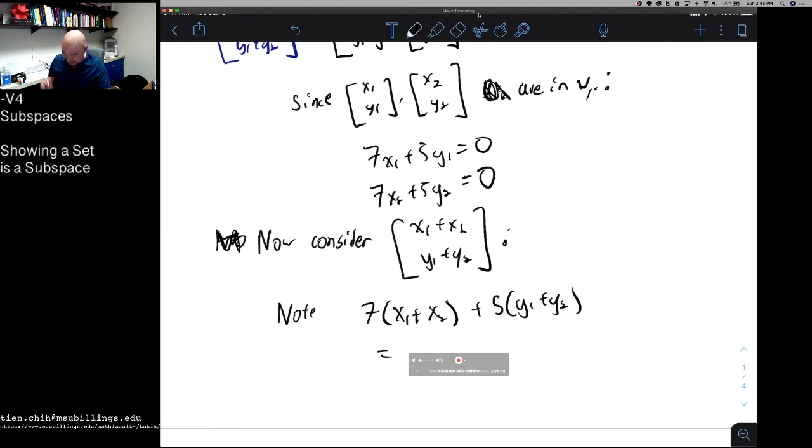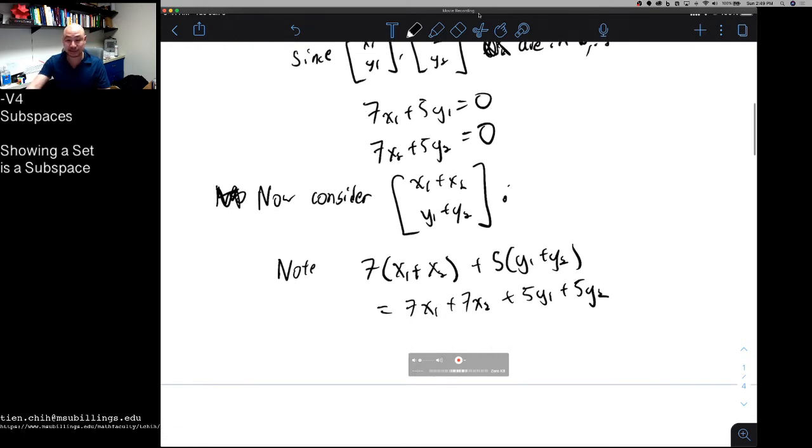So what I can say now is that this is equal to 7x1 plus 7x2 plus 5y1 plus 5y2, right? That is from just plain old distribution.